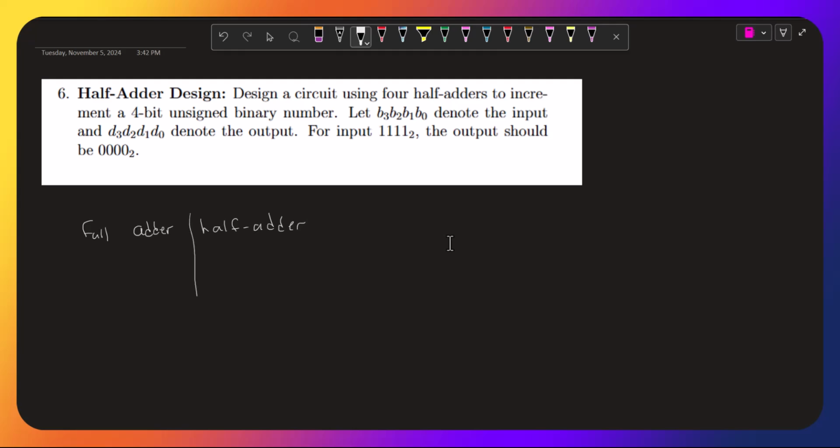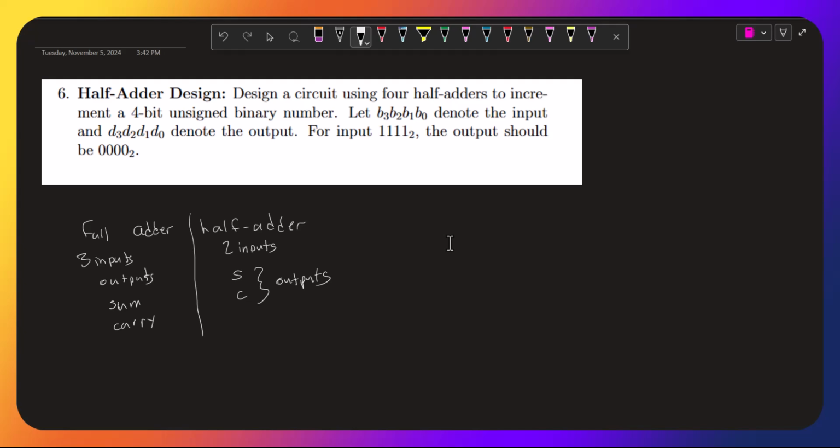Half adder takes two inputs and gives a sum and carry. A full adder takes in three and gives a sum and carry. Okay, so that's the difference between the two.